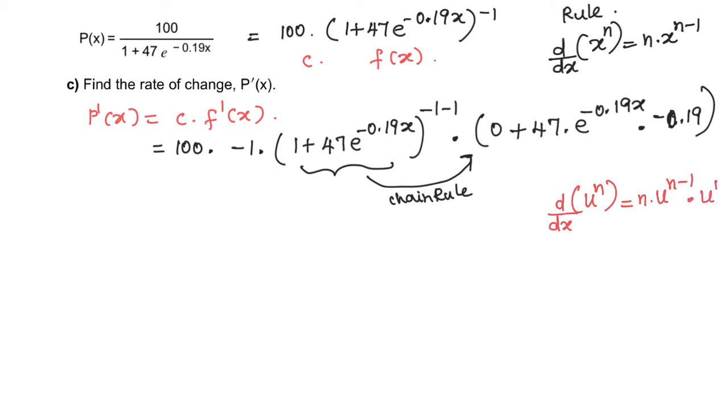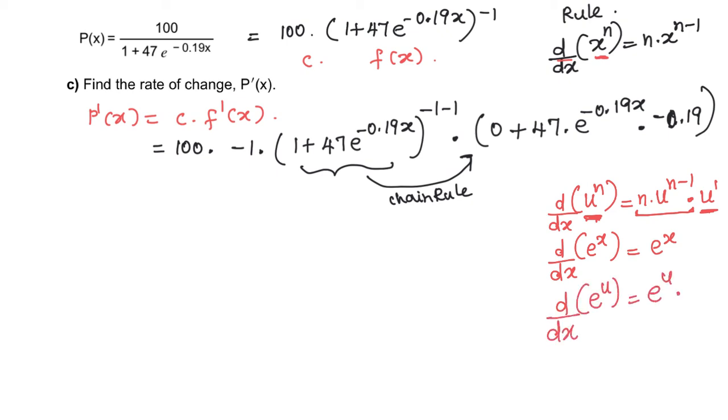Instead of x, if you have a function of x, where u is a function of x, apply the power rule first, then multiply by the derivative of that. If it is e power x, the derivative is just e power x. If it is e power u, then it will be e power u times u prime. That is what we did here.